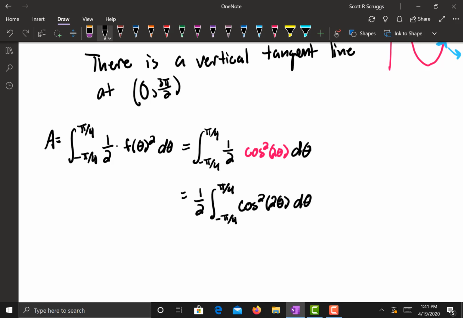All right. And so here's why symmetry is going to come into play. This is an even function, and I am integrating an even function over a symmetric interval.